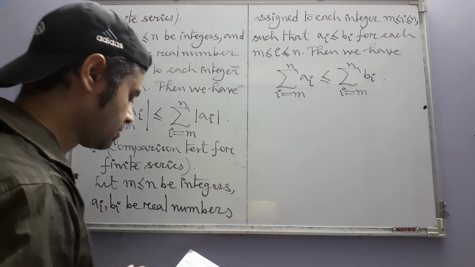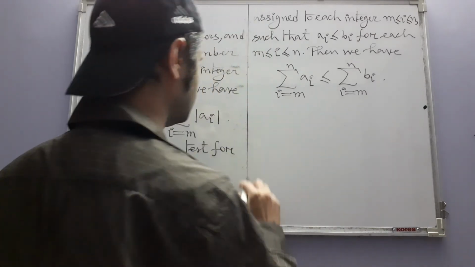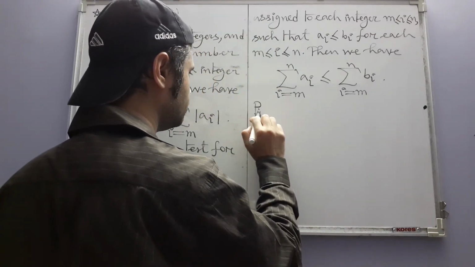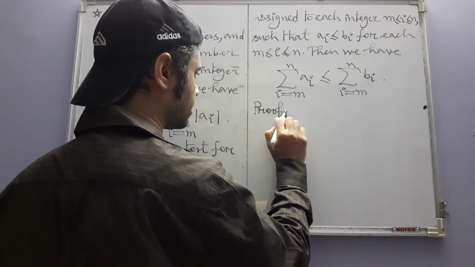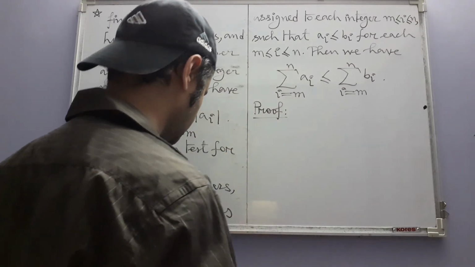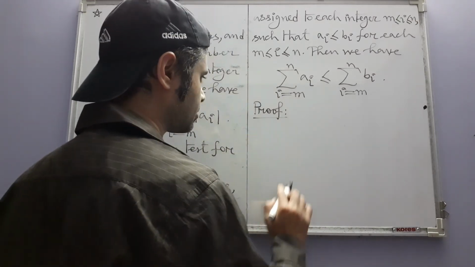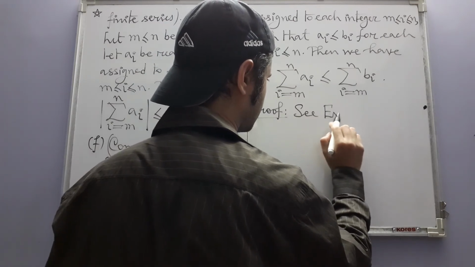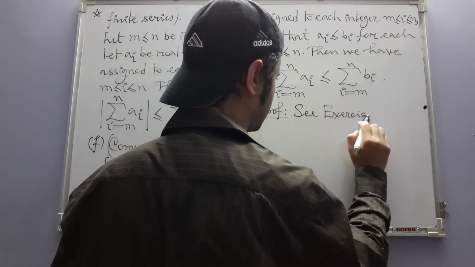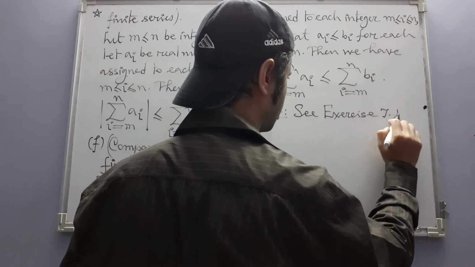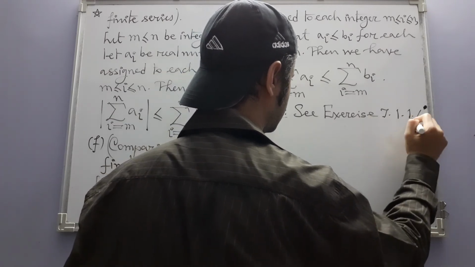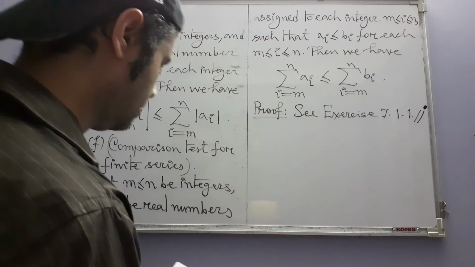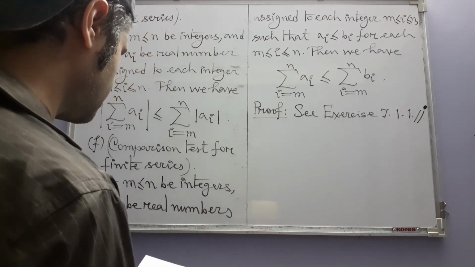And these things have to be proved, and the proof is left to us. It is in fact the first exercise. So we will do it when we start solving the exercises.